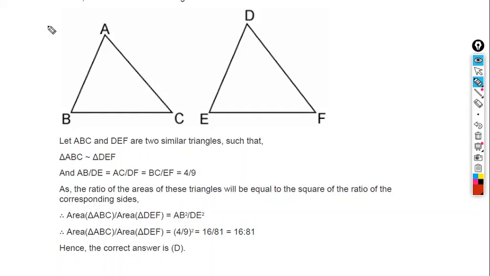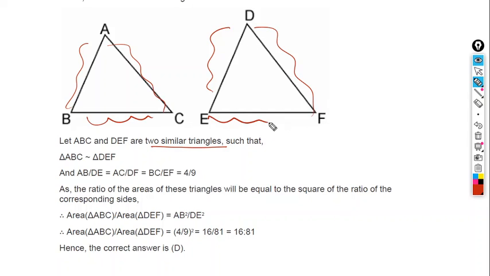Yes. ABC and DEF are two similar triangles. Therefore, AB by DE will be equal to AC by DF and equal to BC by EF, which is equal to 4:9 or 4 by 9. This is given in our question.